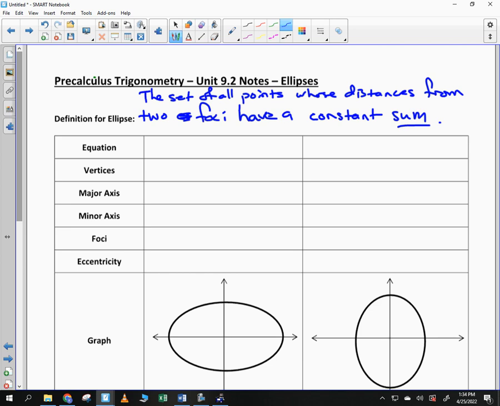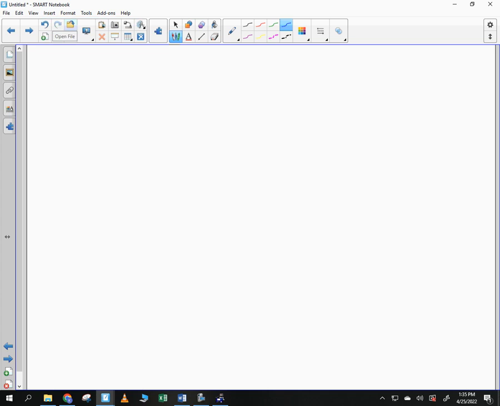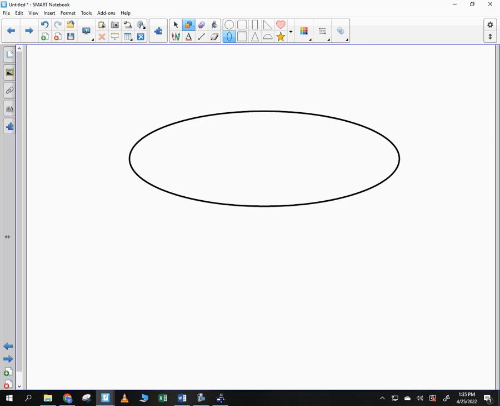I'll share a drawing with you and then you guys can kind of interpret from there. If I have an ellipse, I will draw with my magic smartboard. There we go. Okay. If I have a foci that is here and a foci that is here, if I pick any point, then the two distances, those distances in the red, should sum the same as the distances in the green.